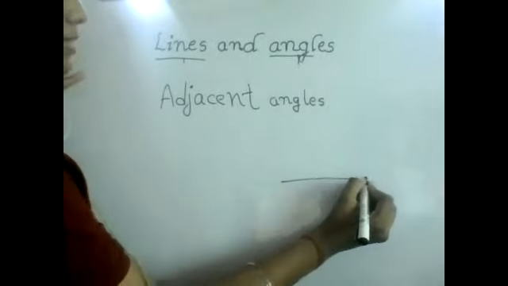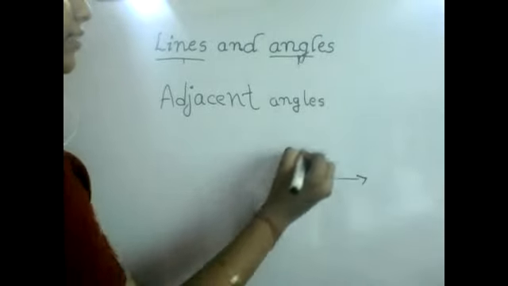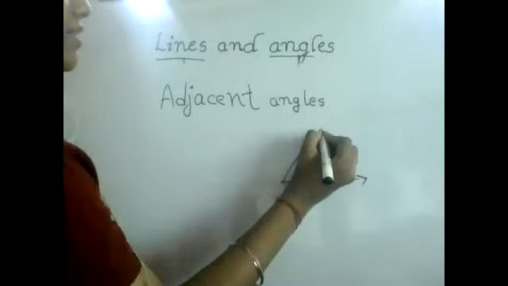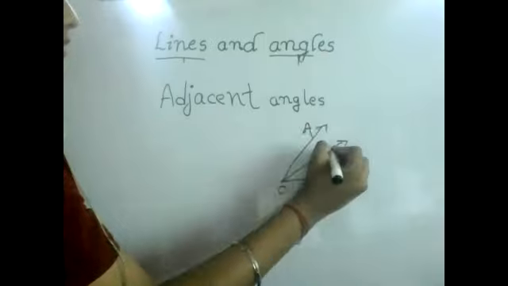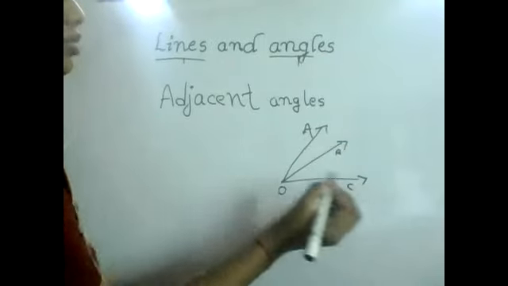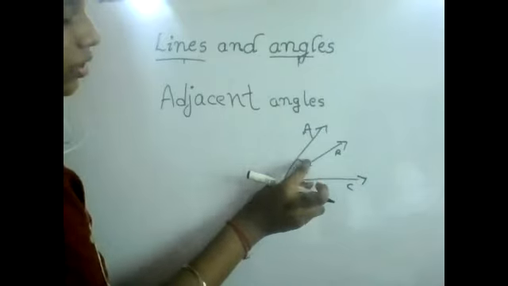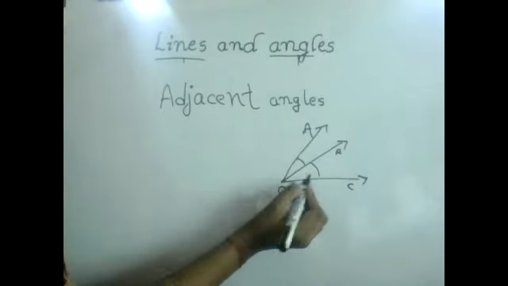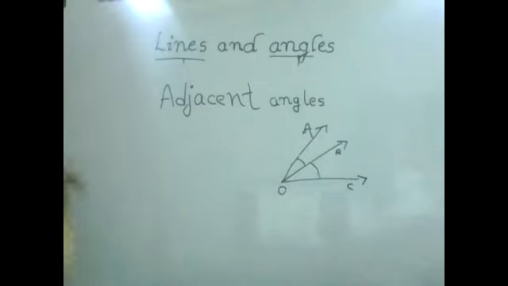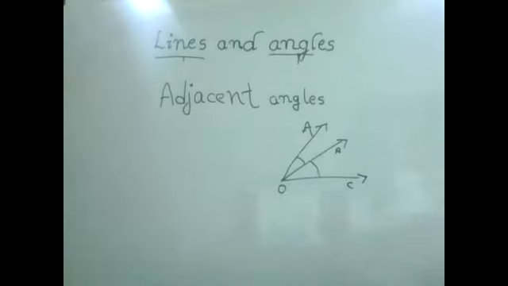We have specific rules to identify whether angles are adjacent or not. For example, with O, A, B, C, we have to decide whether these two angles are adjacent or not.